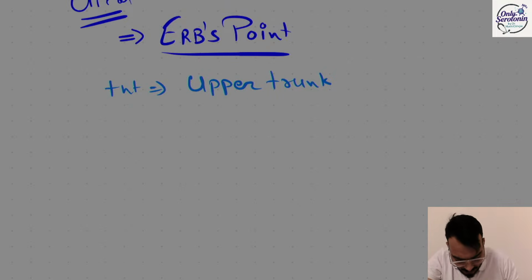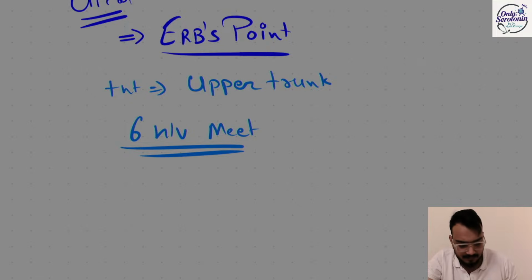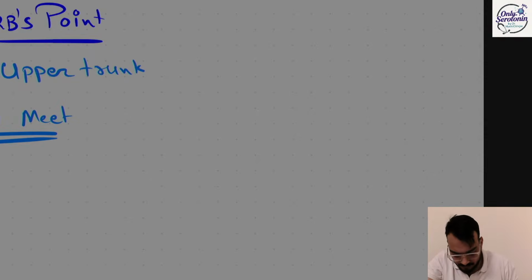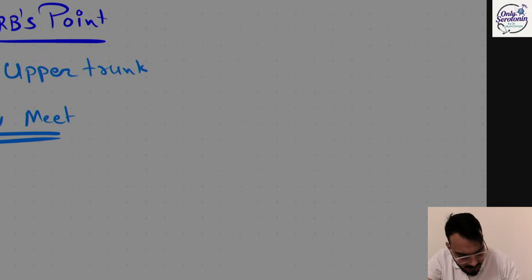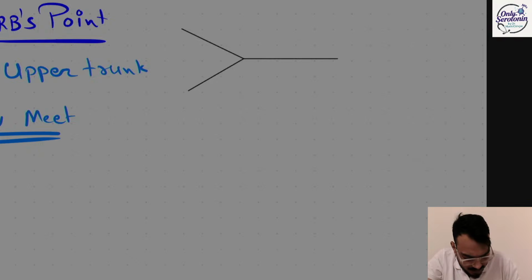And in this upper trunk, we are having six nerves which are going to meet with each other. See, guys, this was my upper trunk. So C5 and C6, they both were joining together.